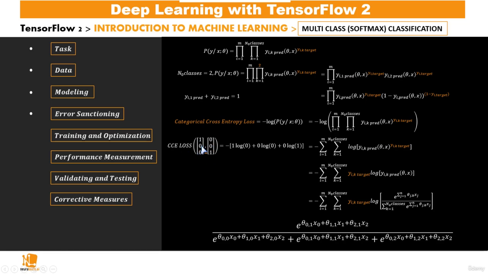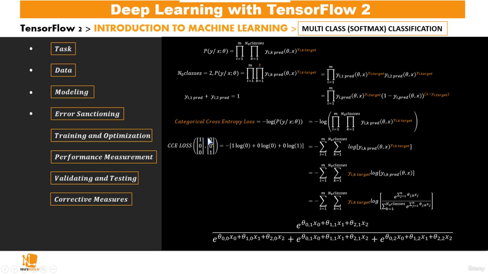Now let's take some examples. Suppose we have this input, and then this is the model's prediction, and then this is the target. Here we're going to have the negative, as usual we have this negative sign, times, in fact we have negative into 1 log 0. So we're going now through all the classes.